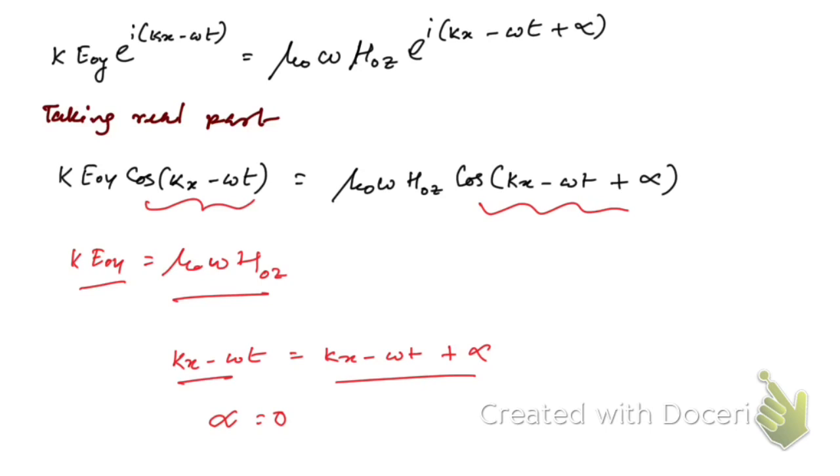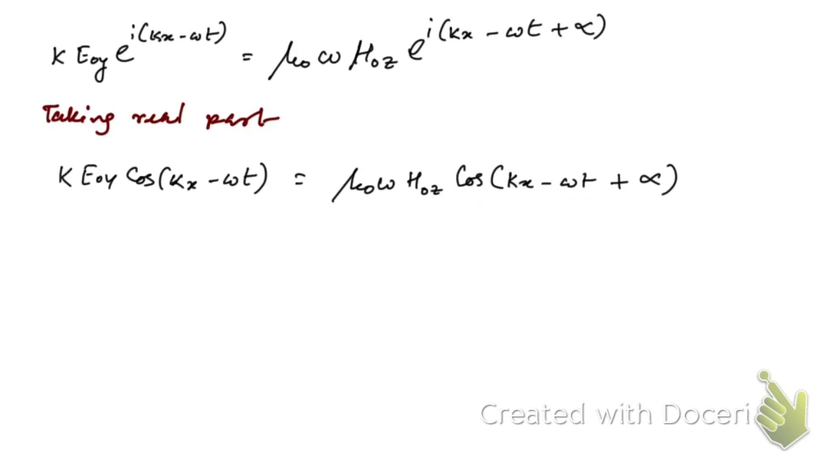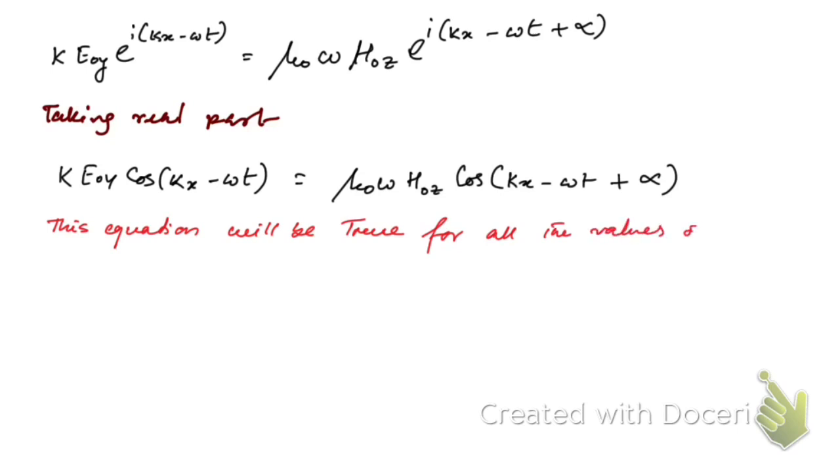So what we're going to write now, you see, this equation will be true for all the values of x and t if this phase difference alpha is equal to 0. So thus, E and H must be in the same phase.